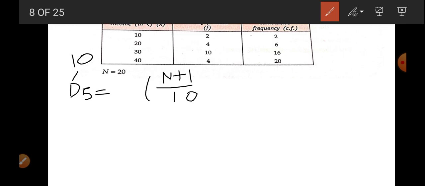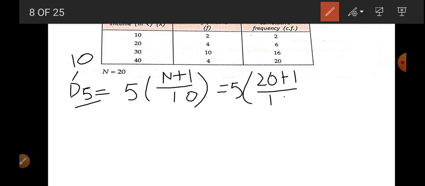So D5, first we generate the equation. We write the basic equation: decile divided into 10 equal parts. So we will write (n plus 1) divided by 10, and which value are we going to calculate? D5, so outside we will write 5. Now we will write 5 times (20 plus 1) upon 10.